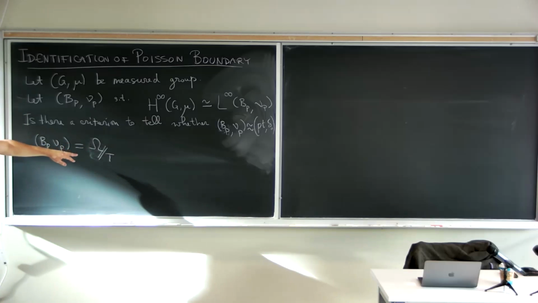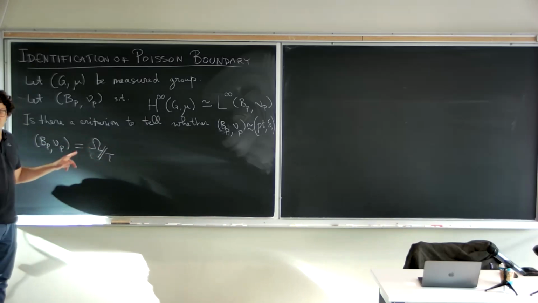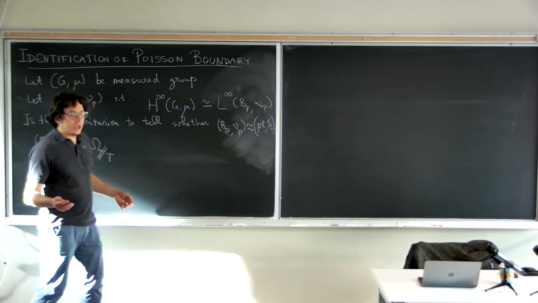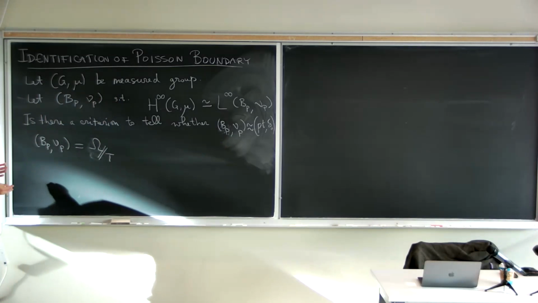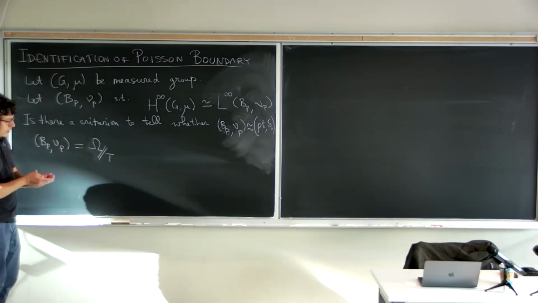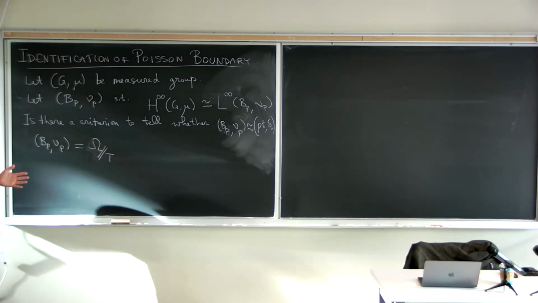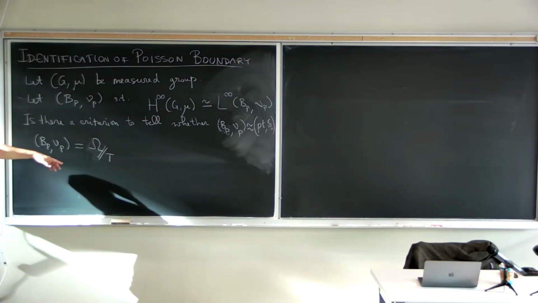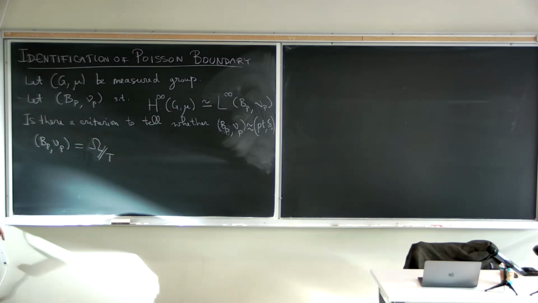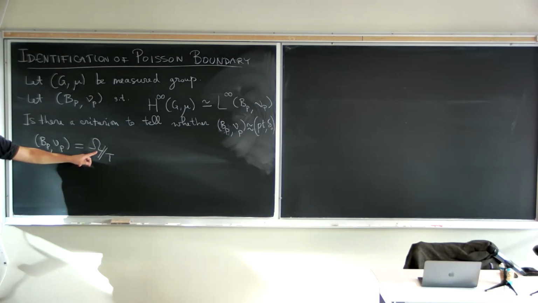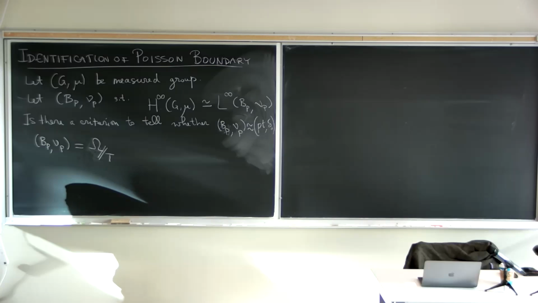But basically, we want to say that this space of ergodic components is only one point. There is no other way to partition omega in unions of measurable classes that are also T invariant, unless almost every element is in the same class. So that's the triviality of the boundary.